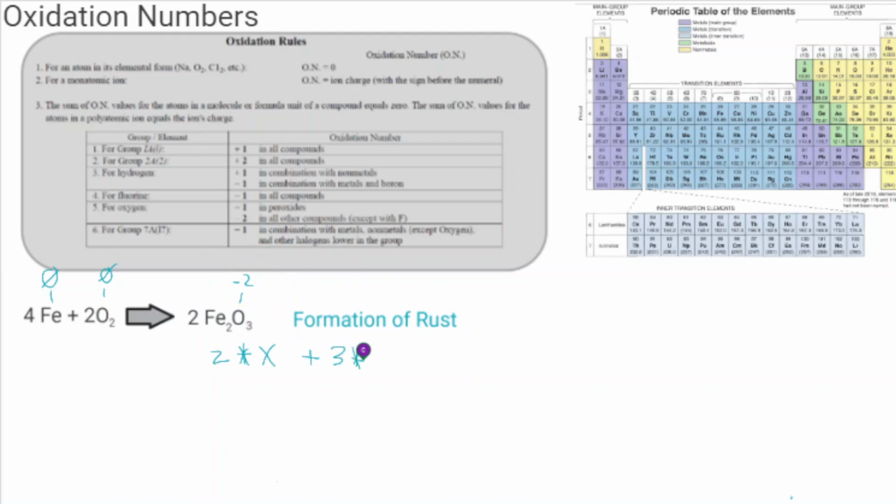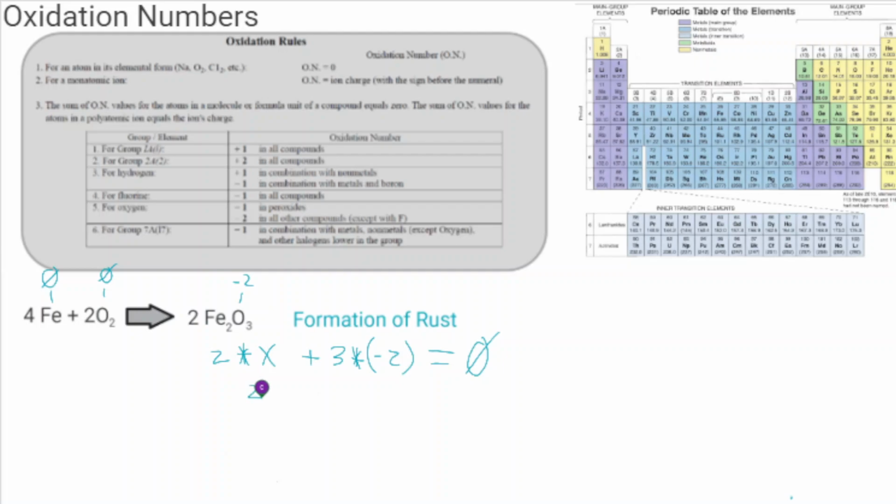So 3 times -2. And all that's going to be equal to the charge, which in this case there's nothing written down, so it's assumed to be 0 or neutral. And then we can solve for X.